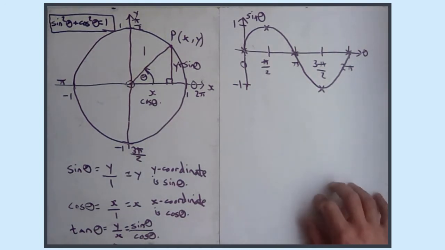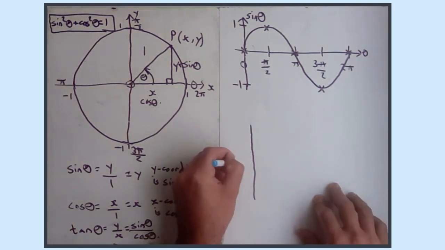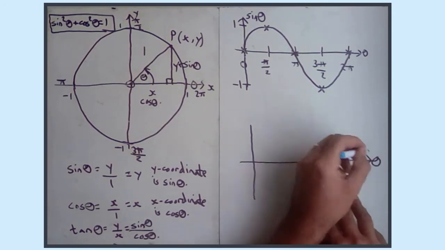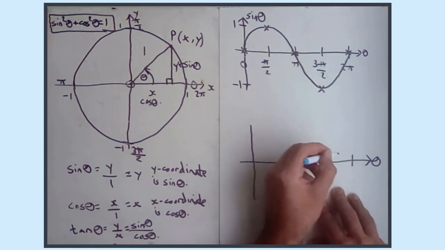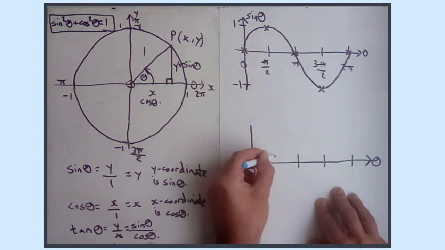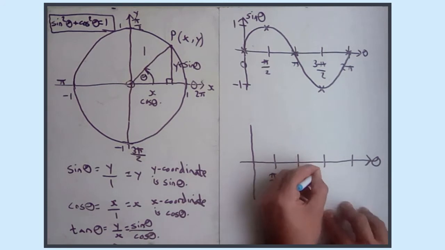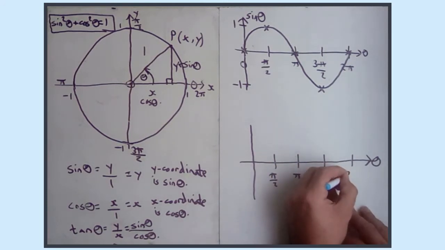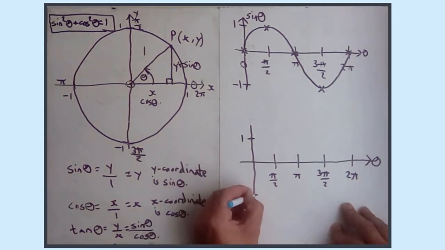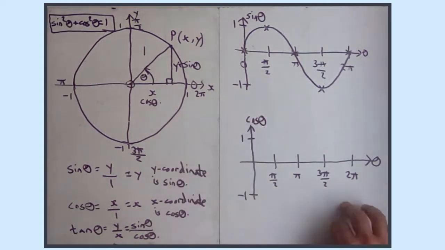If we do something very similar for cos theta, try and line everything up. Pi by 2, pi, 3 pi by 2 and 2 pi. We have a 1 and a -1, and this is cos theta against theta.